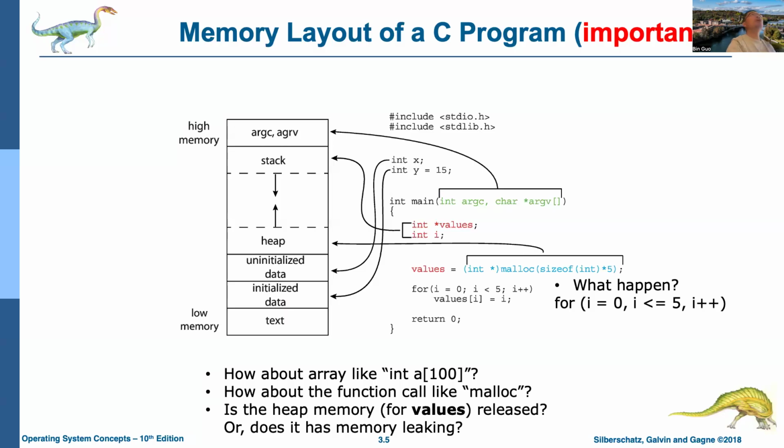The kernel will allocate the memory and return the address. This value will point to a memory address in the heap. And the kernel will also maintain a table for this malloc.